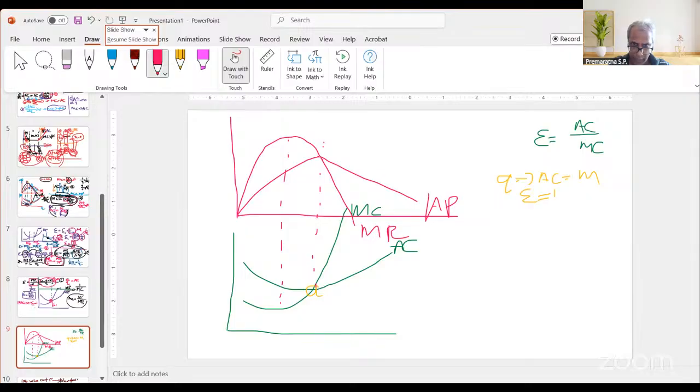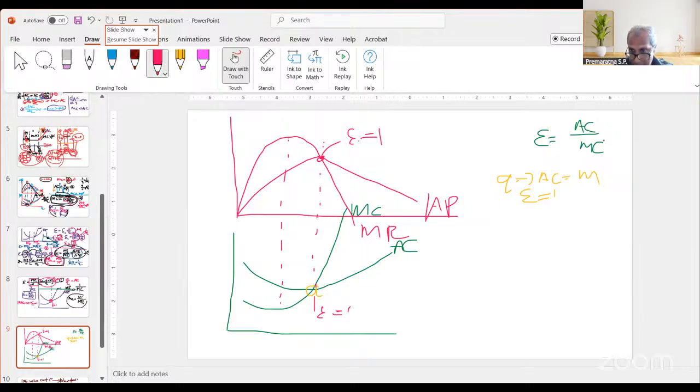Now here, constant return to scale, the elasticity that we found right now, equals 1. Using the cost curve also, you get elasticity equal to 1.